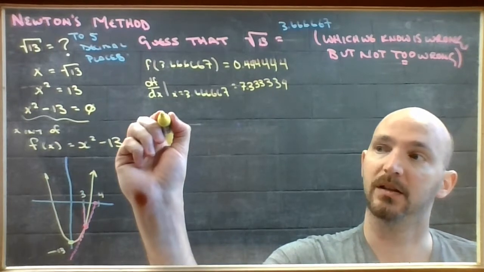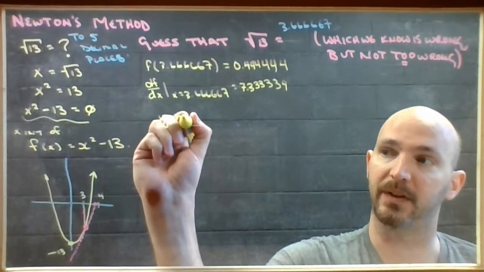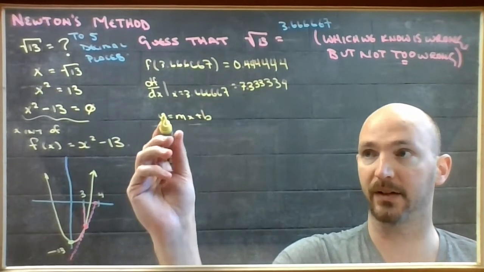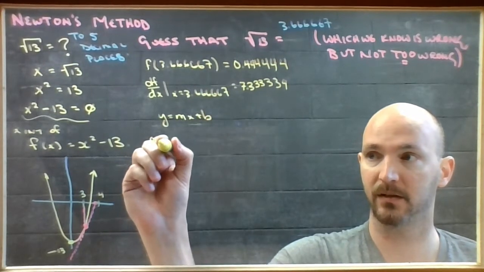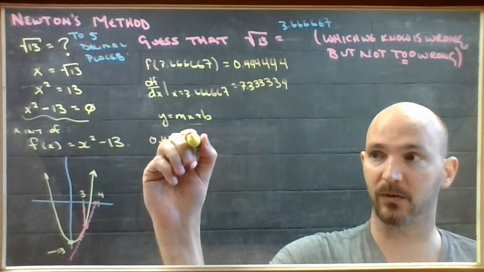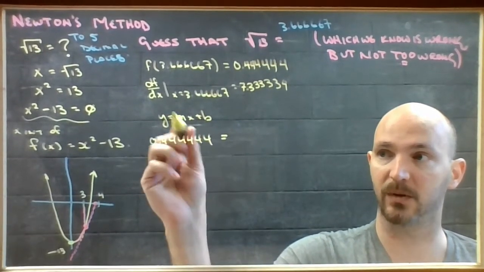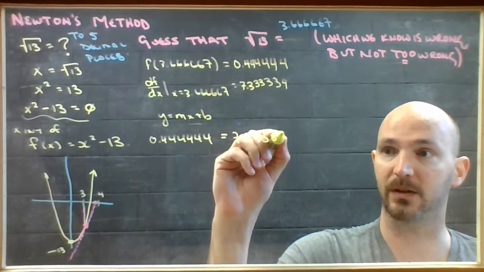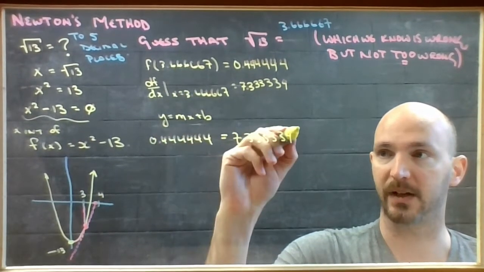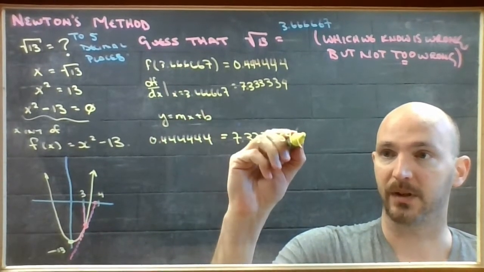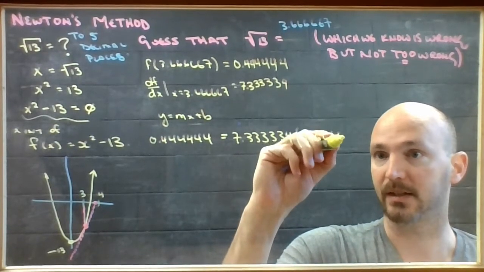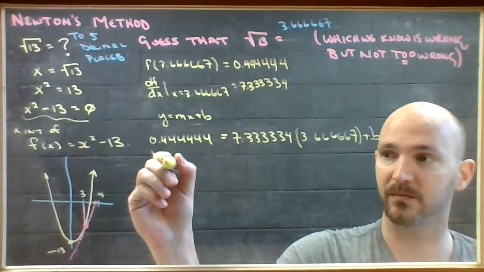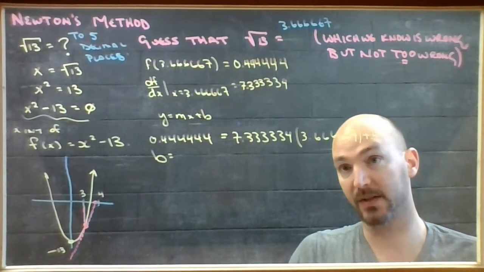Okay, so my tangent then, y equals mx plus b, is going to be the y value of this, 0.44444, equals the slope 7.33334 times the x value 3.66667 plus b. So I need to get my y-intercept.